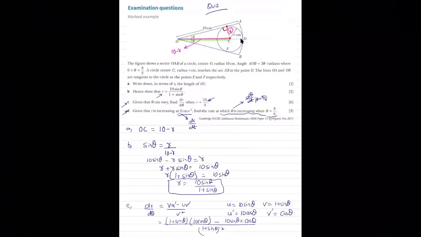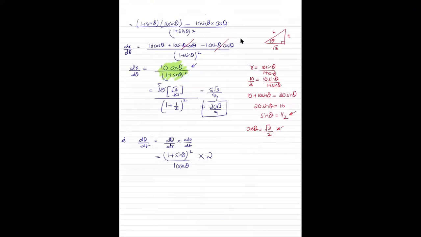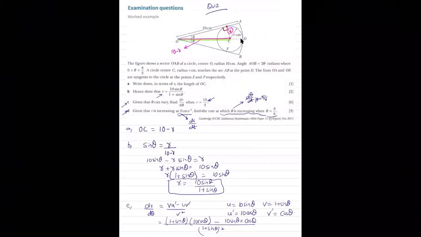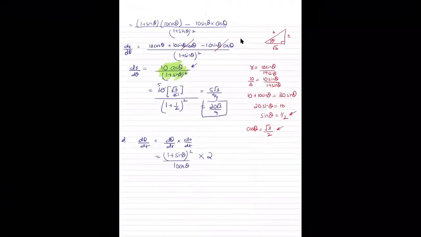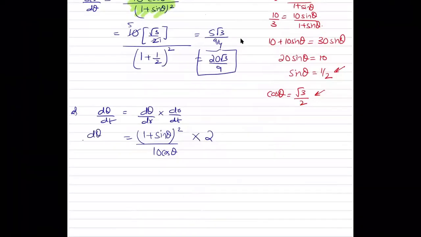The rate of radius is 2 centimeters, so I'm just going to plug in 2. And I want to find the rate of theta at pi by 6. So d theta by dt at theta equal to pi by 6. Plug in pi by 6 in this and get me the value, please.